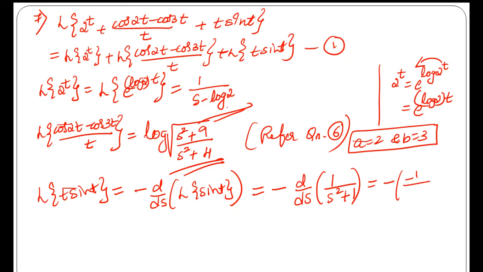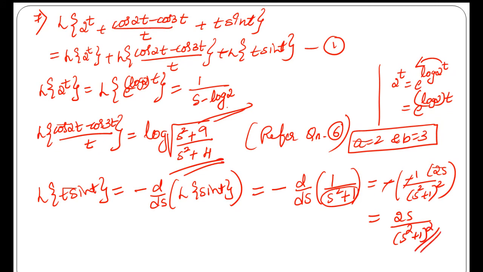Differentiating 1 by x gives minus 1 by x square, and the differentiation of the inner term s square plus 1, a composite differentiation, gives 2s. So negative into negative is positive, and your answer is 2s divided by (s square plus 1) the whole square.